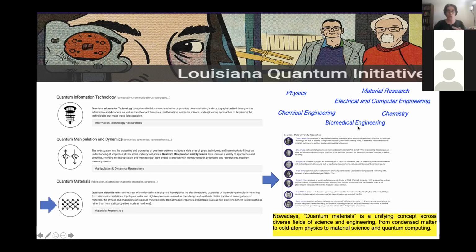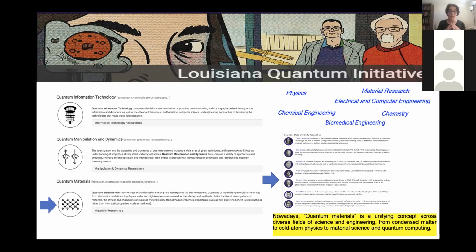So there is room for everybody, because nowadays quantum materials is a unifying concept across very diverse fields of science and engineering: physics, chemistry, engineering, computer science.